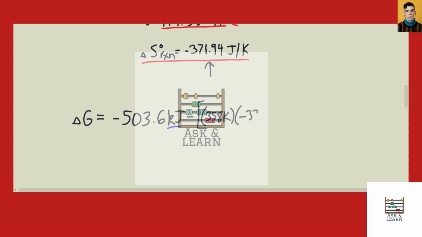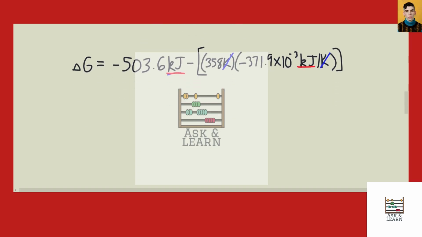And so that's negative 371.9 times 10 to the negative third kilojoules per Kelvin. We cancel off units of Kelvin after we multiply those two together. We are left with units of kilojoules for delta G.